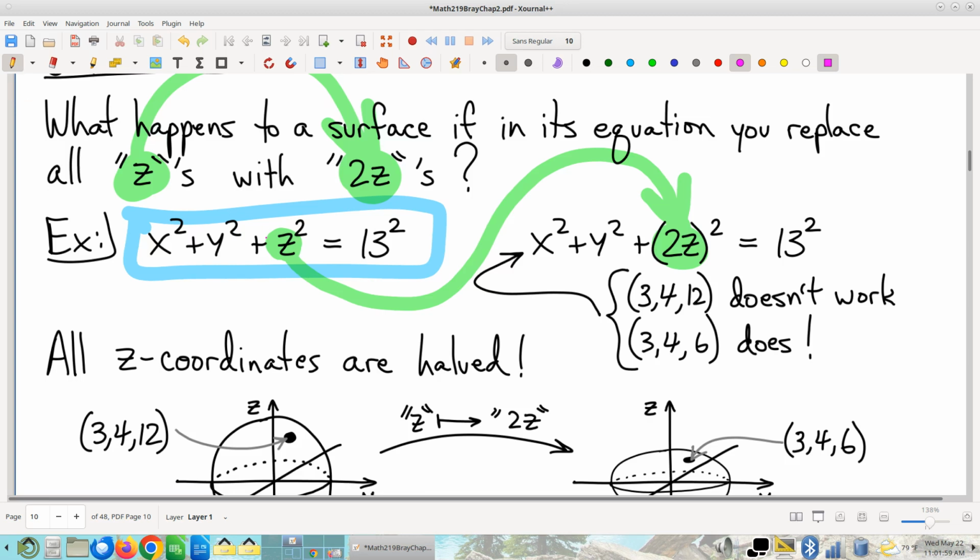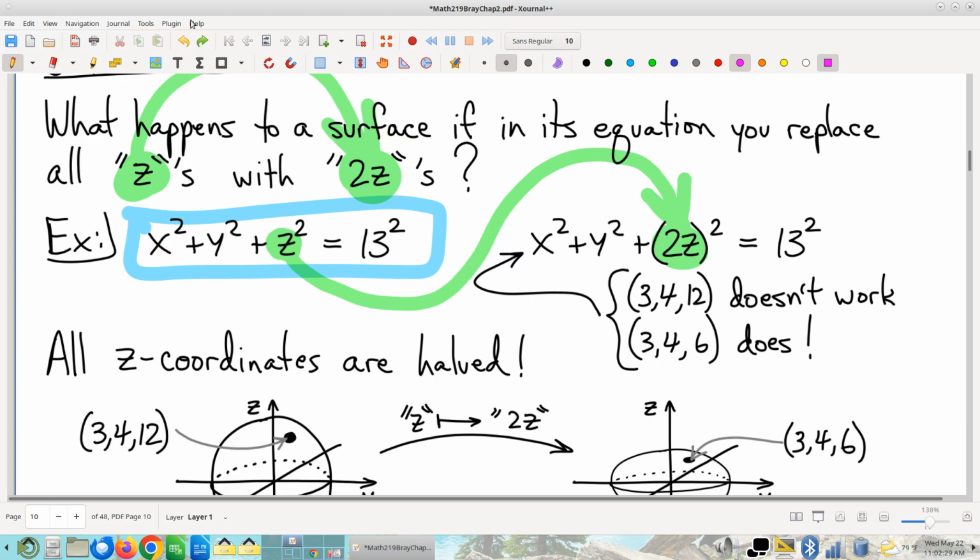If I just put a 2 in front of it right there, that would suggest it would be 2z squared, and that is not what I mean. What I mean is that wherever there is a z, and whatever subsequently happened to that z should now happen to 2z. So notice the parentheses. That 2 does get squared, as I have it in here. So that's what I mean by replacing.